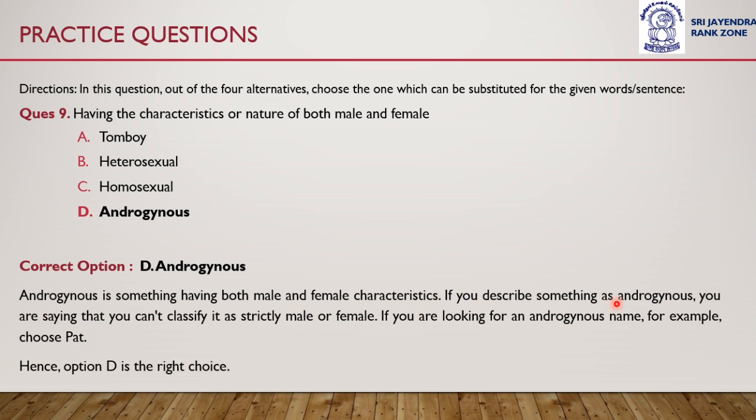If you describe something as androgynous, you are saying that you can't classify it as strictly male or female. If you are looking for an androgynous name, for example, choose Pat. Pat can be the name of a male as well as a female.